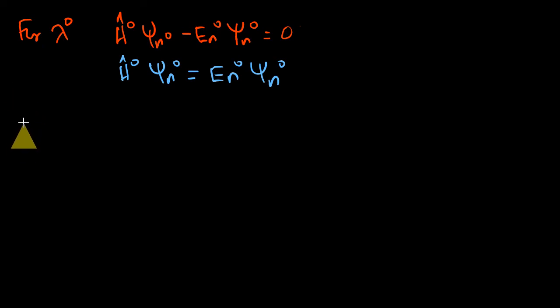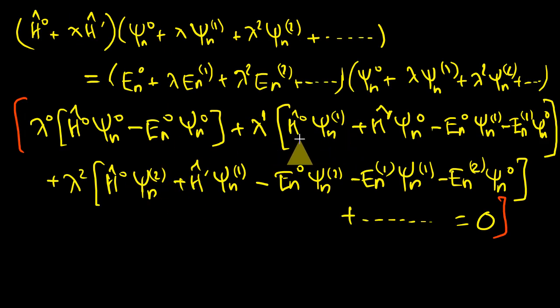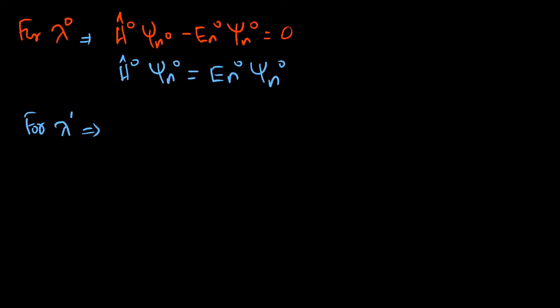And for lambda raised to 1, what will be the case? Let us pick the coefficient for lambda raised to 1. That is H cap 0 psi n 1 plus H cap dash psi n 0 minus En 0 psi n 1 minus En 1 psi n 0, that is equal to 0. So let me write it there. That is H cap 0 psi n 1.